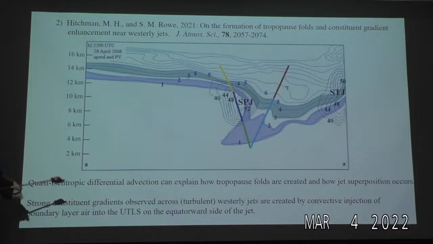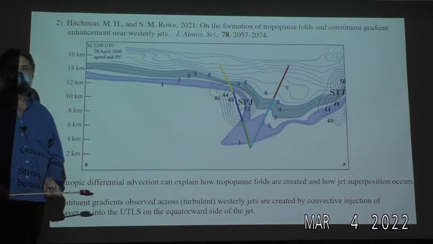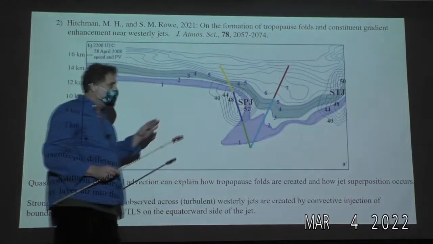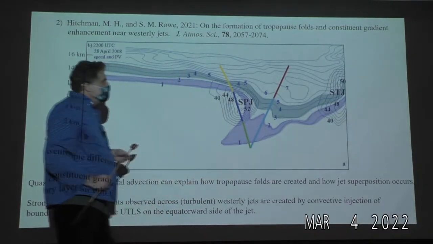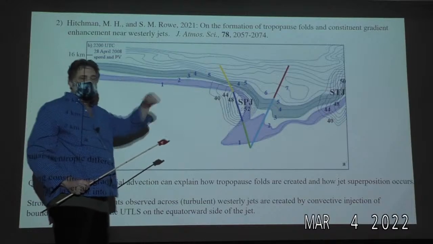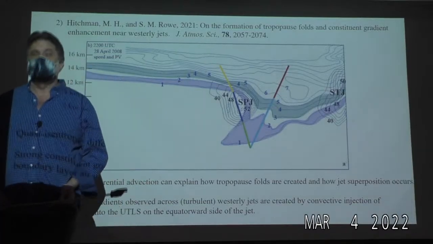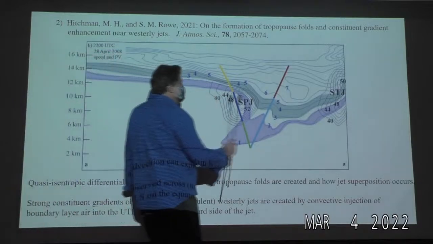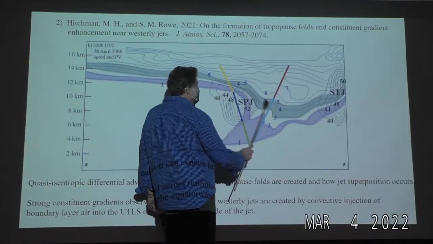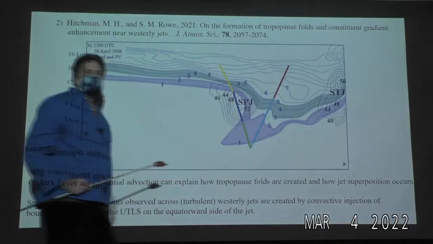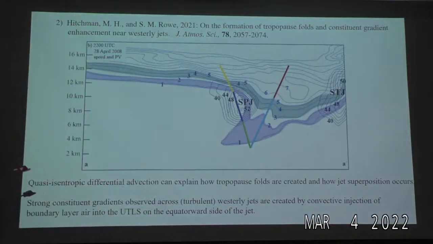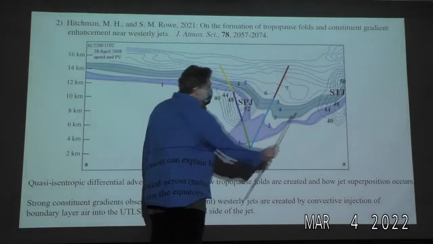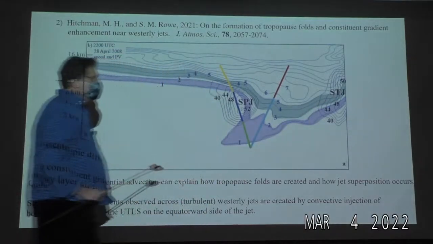So the idea prevalent since about 1960 for explaining the tropopause fold structure, that's high PV under low PV, is that there's some kind of circulation around the jet, which I was a firm believer in for the longest time. The problem is that when you look here and here, the vertical wind component is less than 5 centimeters per second.